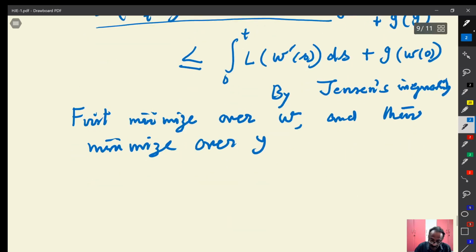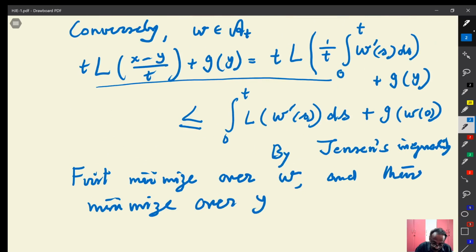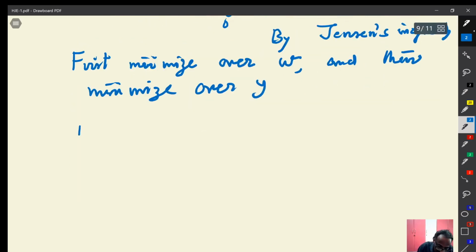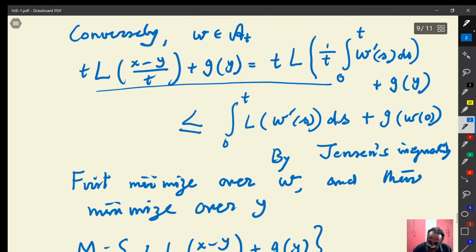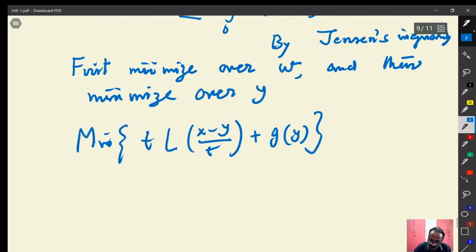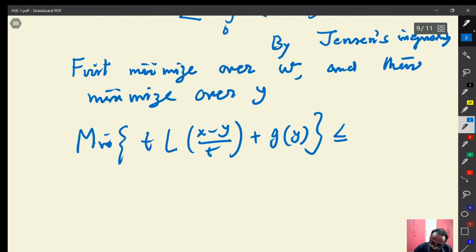If you minimize over W and then over y, you will exactly get your minimum, t L of (x minus y) by t plus g of y, and the right hand side is the minimum by definition. That minimum is nothing but u(x,t). This is by definition, and that's exactly what you wanted to prove.